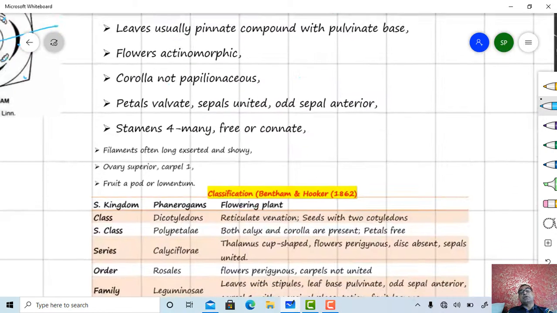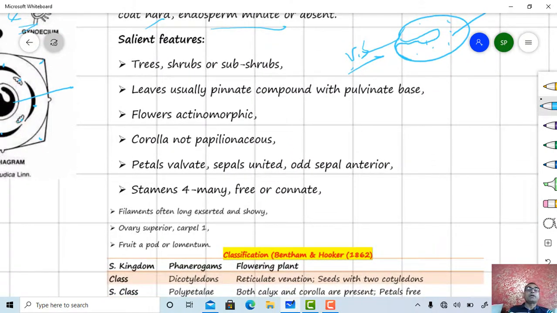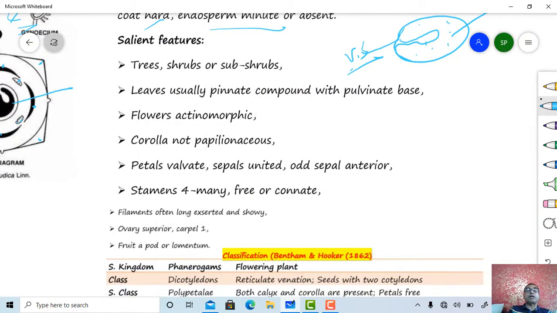Now the salient characters or diagnostic characters of the family. Majorly, the plants are trees, shrubs, and sub-shrubs. The condition between herb and shrub will be considered as a sub-shrub. Leaves usually pinnately compound with pulvinate base. Flowers regular, actinomorphic. Corolla not papilionaceous.